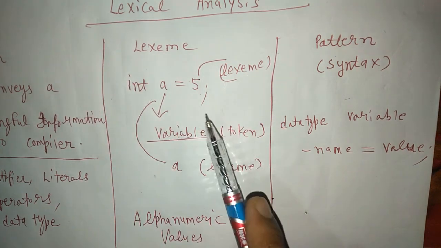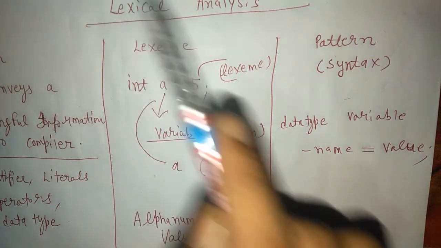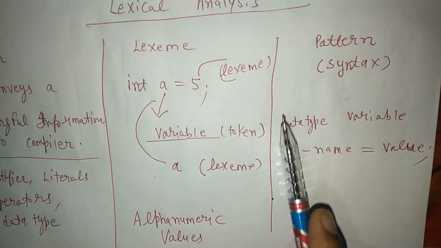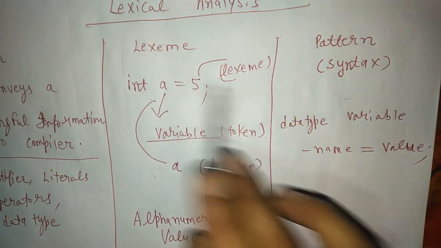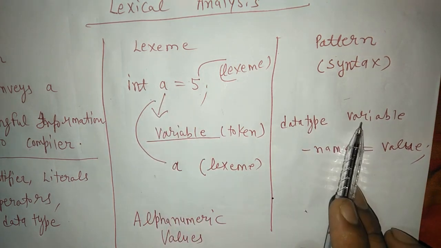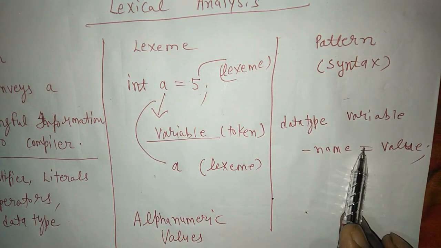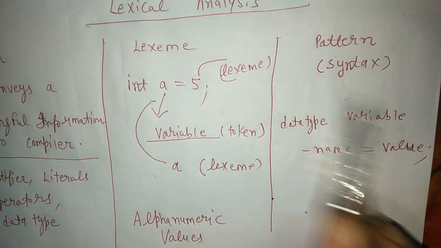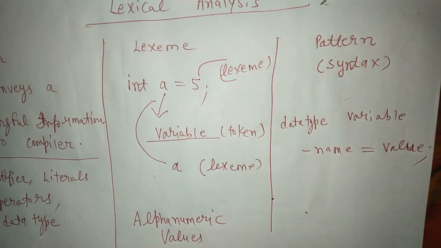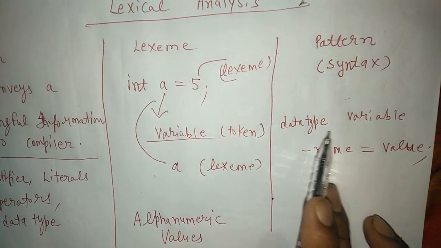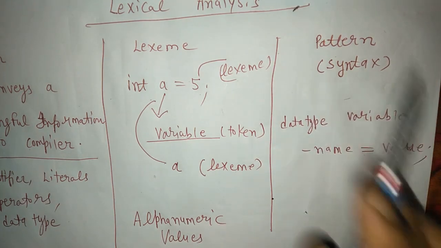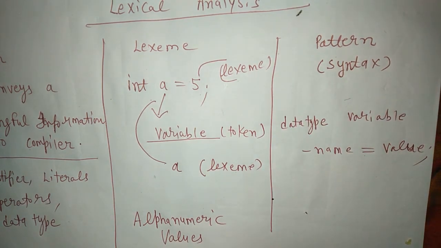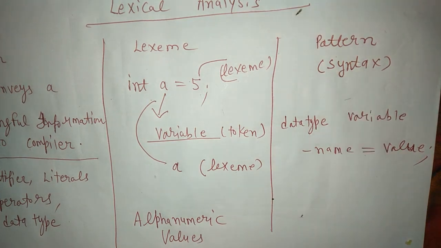But how to write it, we decide with the help of syntax or pattern. So what is int? Data type. Then we give a space, then the variable name, then the assignment operator, and then the numerical value. This is the general format for it. General form, syntax, pattern: these are different words, but they all have the same meaning.